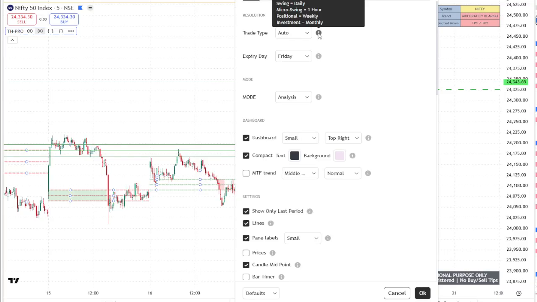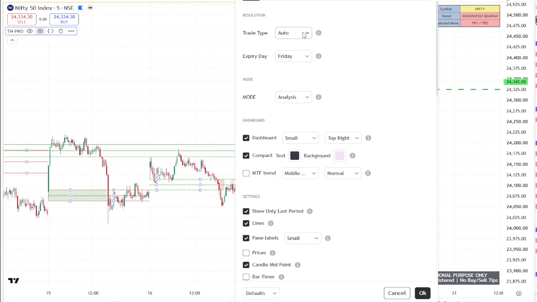All these kinds of people are taken care of using one single indicator. The suggested time frames for different types of traders are put out here in the help section.